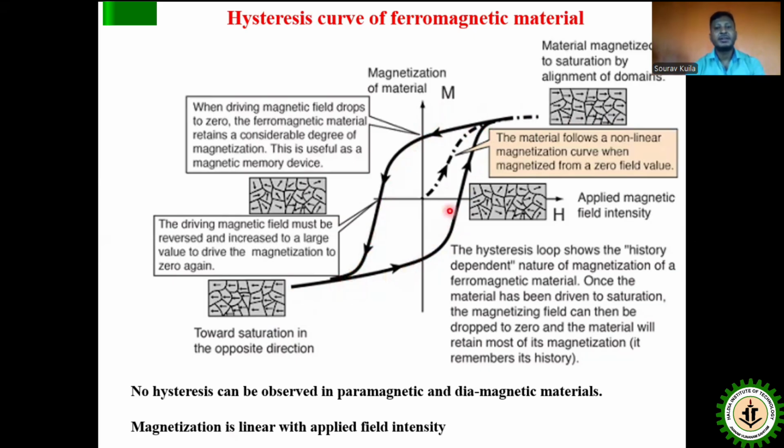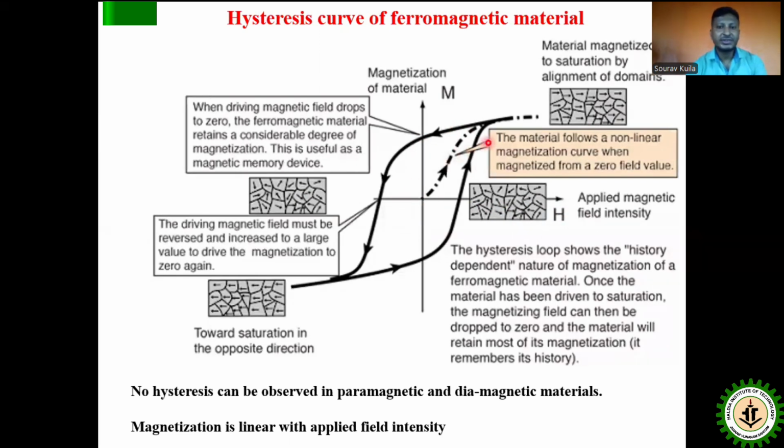Hysteresis means that the dependent variable, magnetization, will not follow the independent variable H. Here you can see when H is zero, magnetization is not zero. That means magnetization and applied magnetic field do not follow each other. So that's why it is called hysteresis.